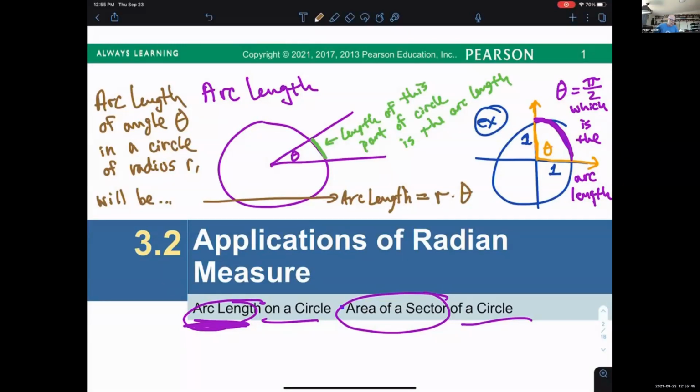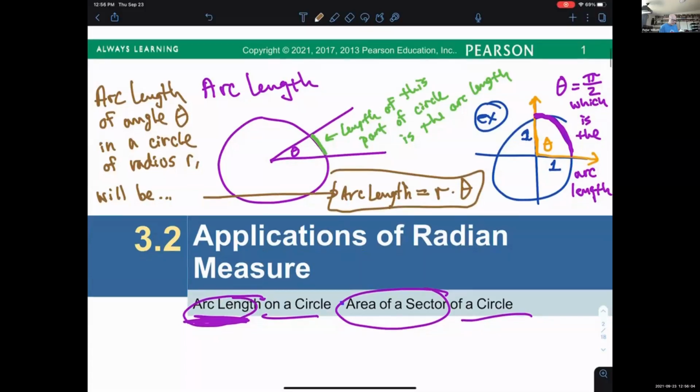If it's twice as big, you double the theta measure to get the arc length in a circle that's twice as big. So it's r times theta. R times theta is the arc length.